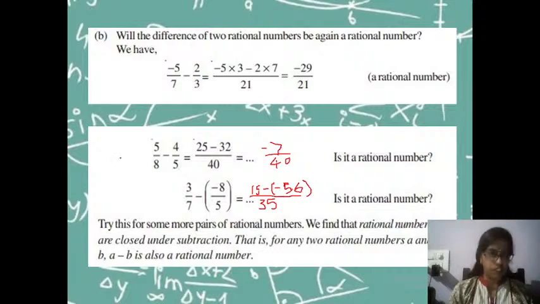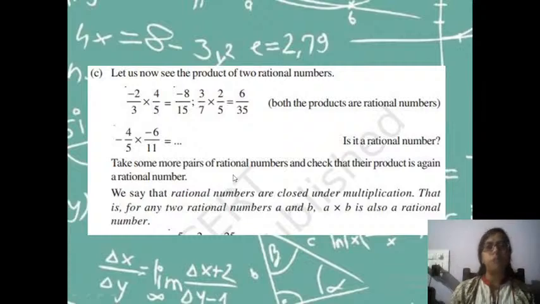Minus 56. 8 sevens are 56. So 15 minus of minus is nothing but a plus sign here. 15 plus 56 is 71. So 71 by 35. It is a rational number, in a plus sign. So we can find that rational numbers are closed under subtraction. Now let us move on to multiplication.